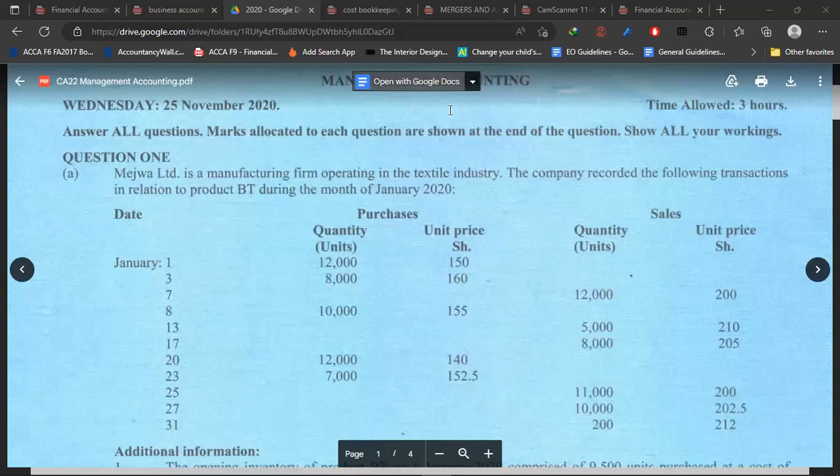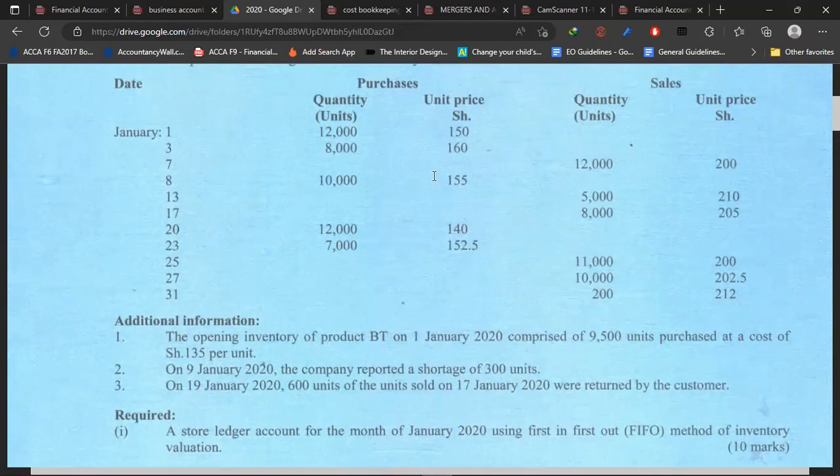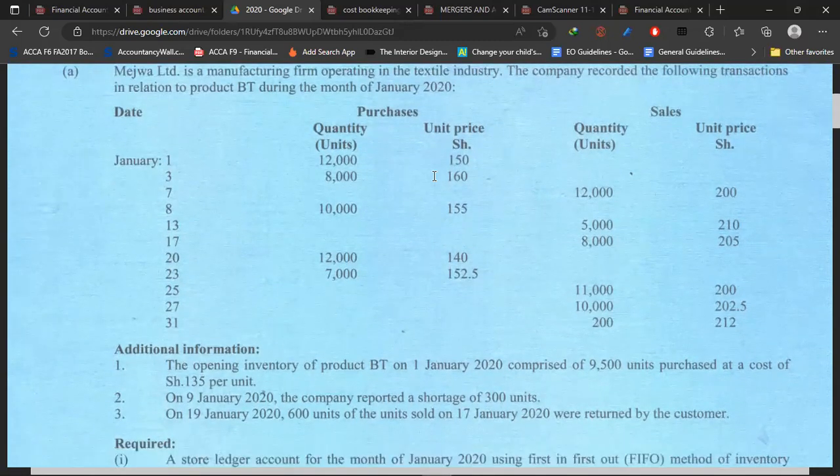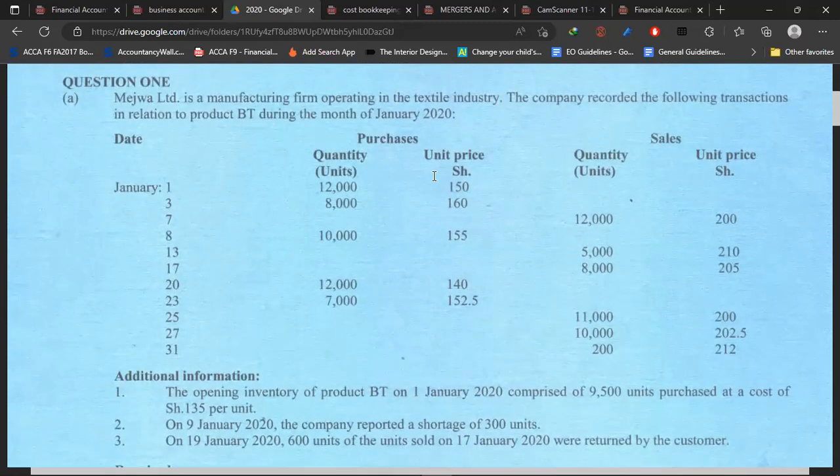When you are looking at issuing, the examiner has given you sales, selling prices. So in this case, the unit selling price, I'm not going to be using it to prepare a stores account. And that is one of the tricks I was telling you. Once you use it, you fail terribly.